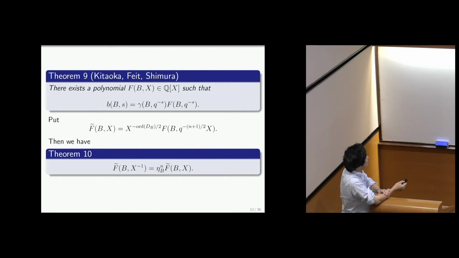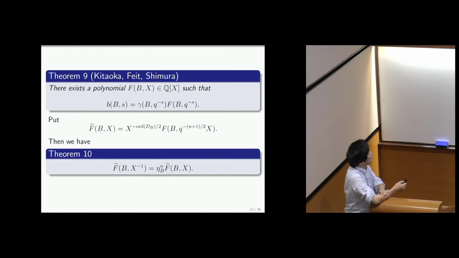So this is a trivial factor for the Siegel series, and the Fourier coefficient of the Siegel-Eisenstein series is a product of the special value of some Dirichlet function, which comes from gamma of B, q to the minus s, and the non-trivial part, which is this factor. So we are interested in this polynomial.